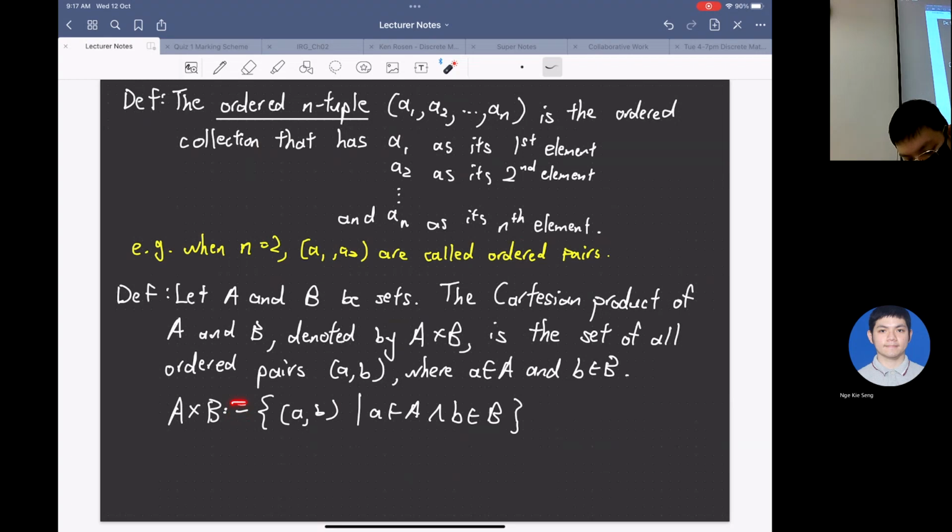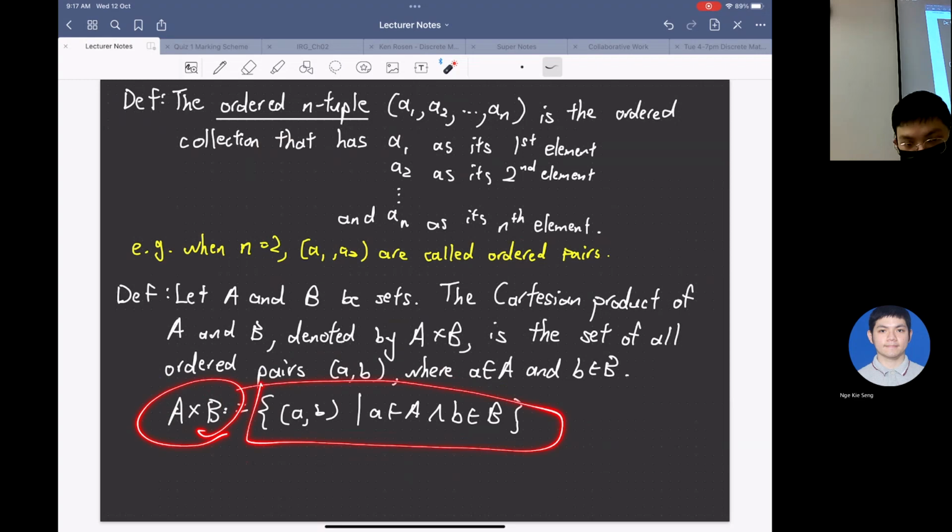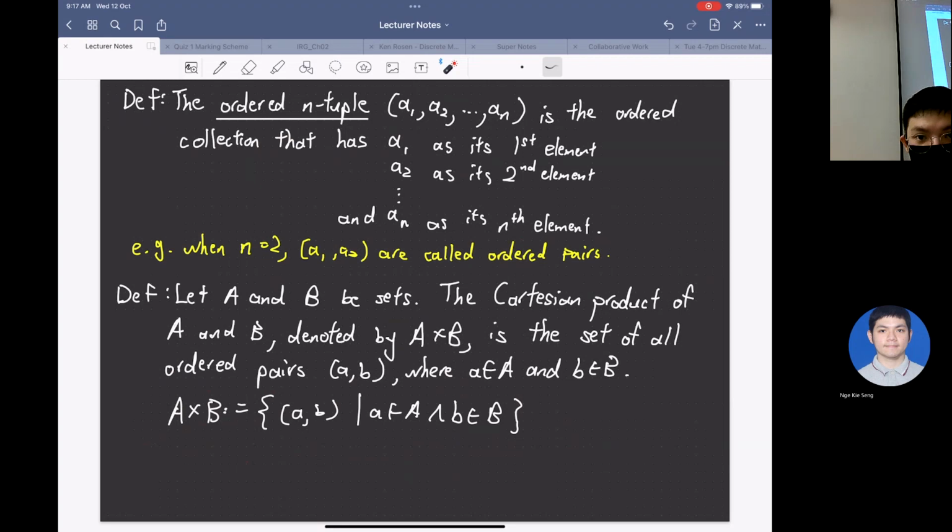Equal means equivalent. Remember, just now I said that two sets are equal if they are subsets of each other. So when I wrote the definition here, it's the first time this appeared, I define this to be this set here. So the definition of this is this set.